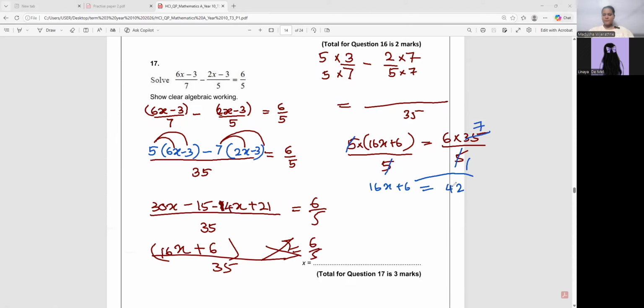Then take this 6 to the other side. 16x equals 42 minus 6, which is 36. Divide both sides by 16. This is 9, this is 4. 9 over 4. If we write it as a mixed fraction, 2 and 1 over 4. If we write it as a decimal, 2.25.